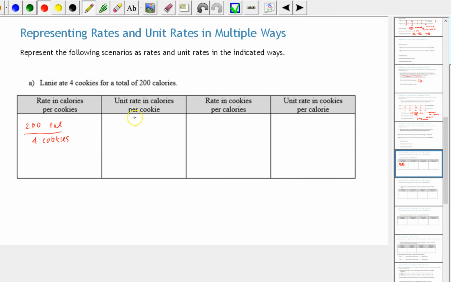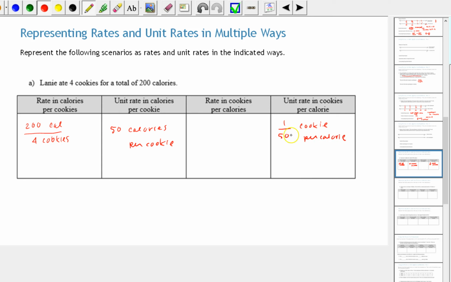So unit rate in calories per cookie, here we'd have 50 calories per cookie. Here we'd flip this just to save some time. Here we'd say there's 1/50th of a cookie per calorie.